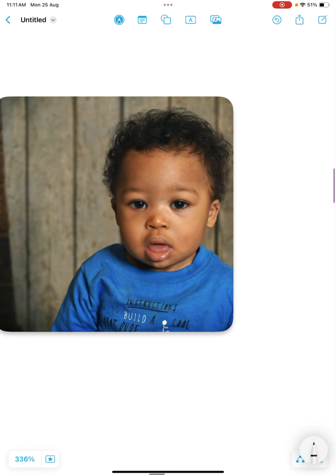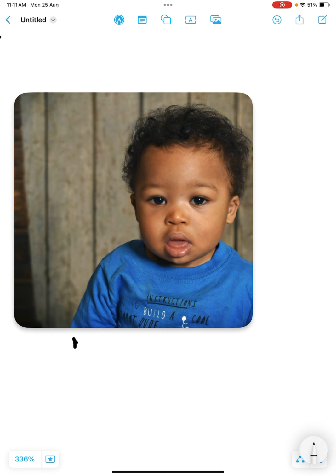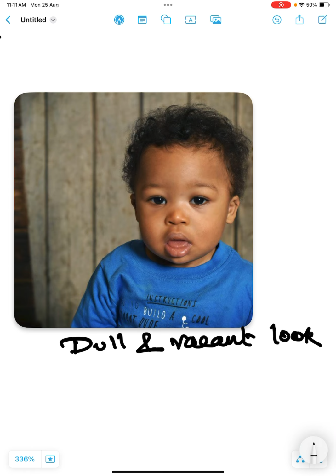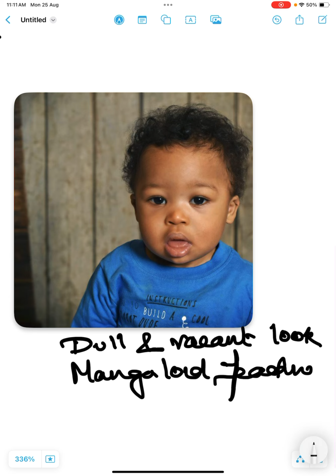This is giving a dull and vacant look. It is mostly seen with mongoloid features. What is the characteristic of this faces?